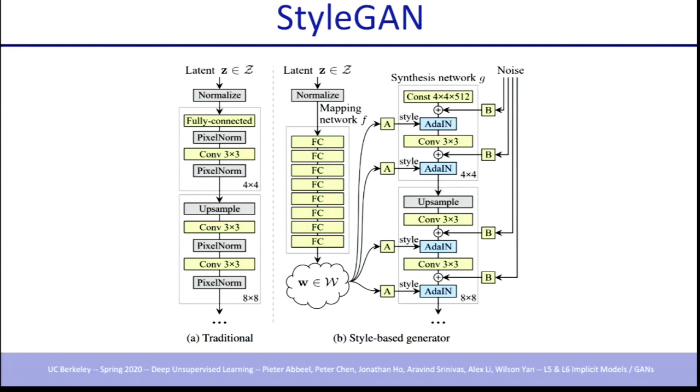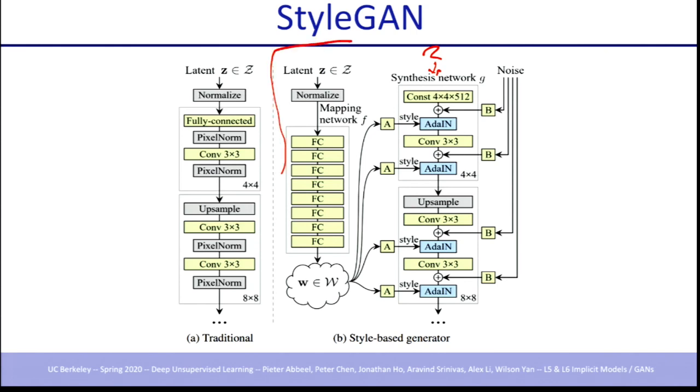So StyleGAN is an idea that they moved away from this concept of introducing a Z right at the beginning. You already saw that in BigGAN, they tried this idea of splitting Z into multiple parts and feeding it at different levels. StyleGAN took it to another level where they basically said, there is no Z you feed in at all.